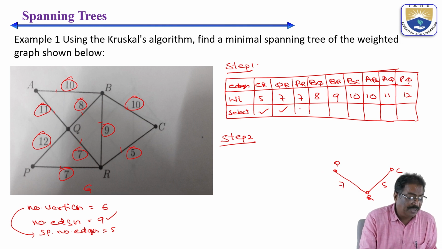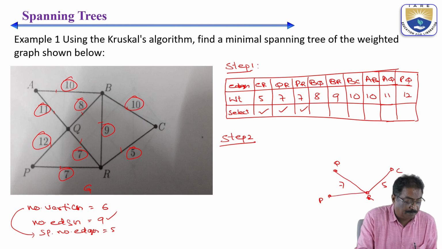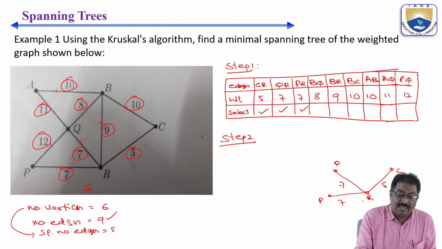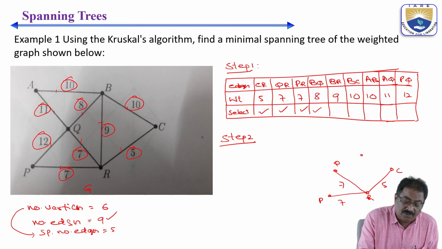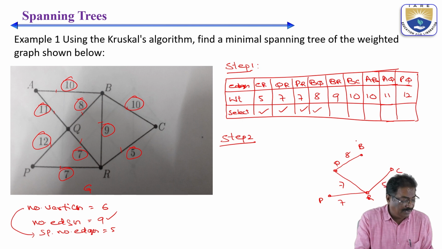Next PR, so PR also we are going to consider. So PR is 7. Next, another one is BQ. So we can select BQ. Then BQ will be 8.